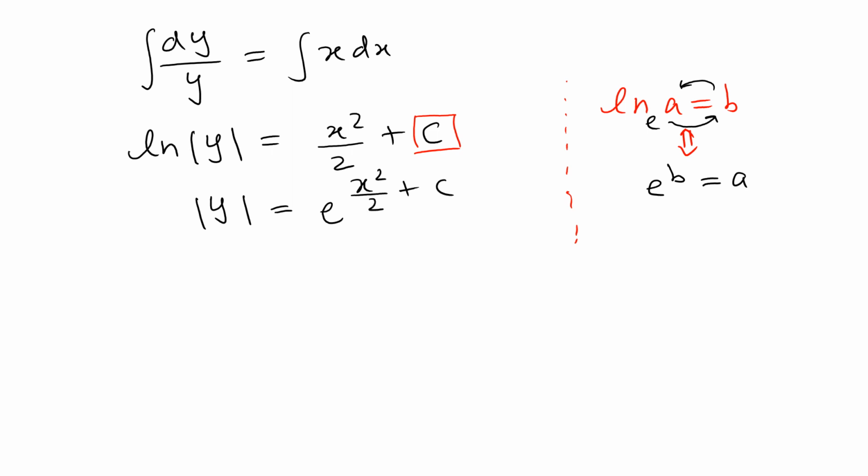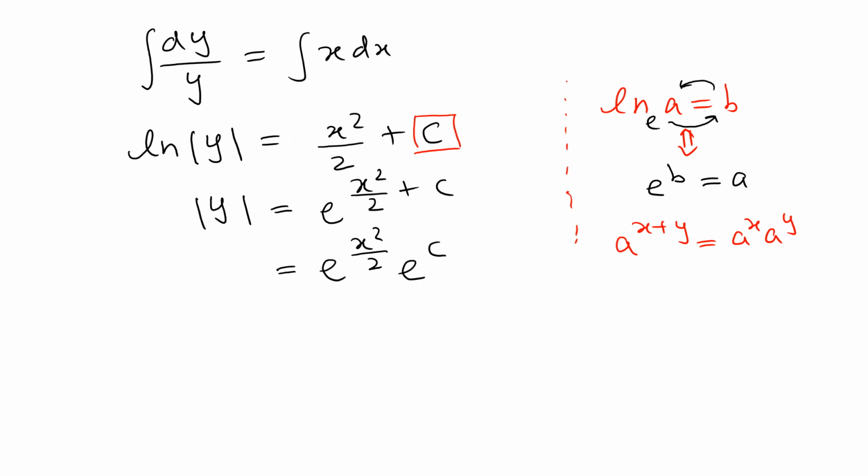Then we can use some algebra here and write this as a product, because we know the algebra result a to the x plus y equals a^x times a^y. So we can write this as e to the x squared over 2 times e to the c.